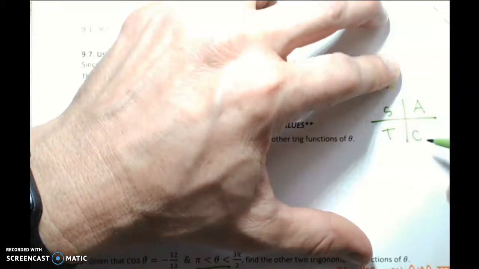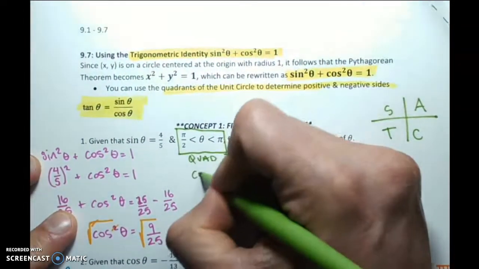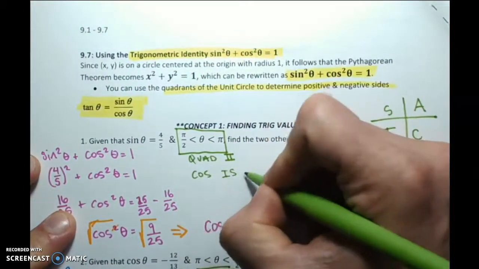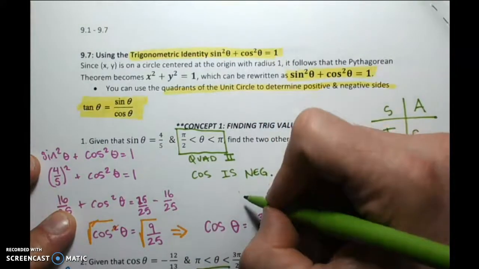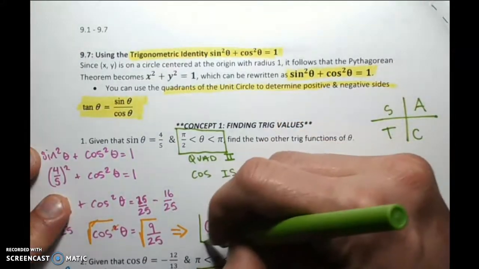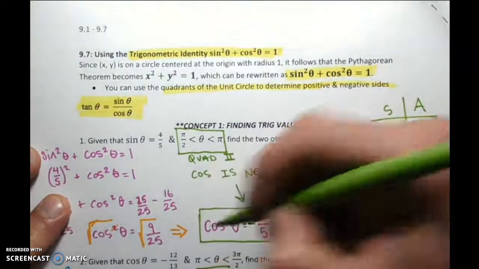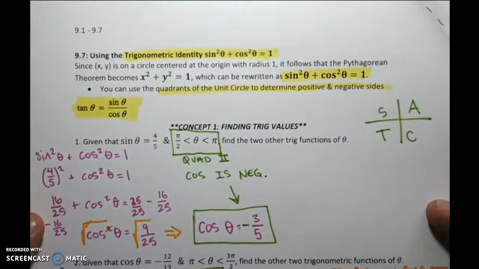In quadrant 2, cosine is negative. So I'm going to bring down a negative sign right there. And now I have my cosine. Cosine theta is negative 3/5.